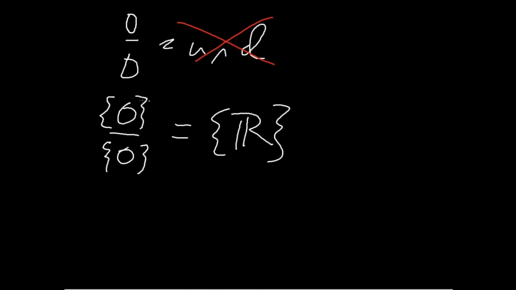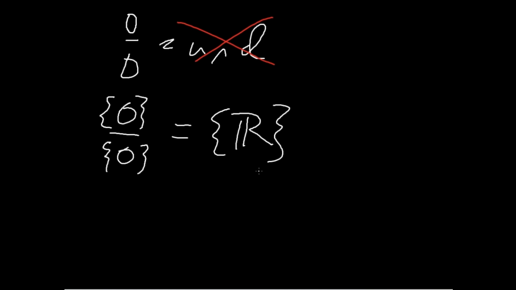Now, this resulting set has infinitely many elements. The initial arguments only had one set element each. So it's not strictly true that we just multiply the number of set elements to get the number of elements in the output, right? Sometimes if you divide two sets this way, you get, for example, all the reals.